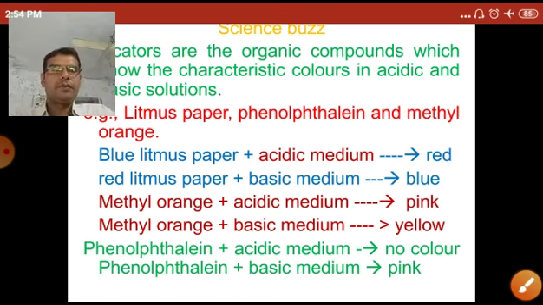So if you add phenolphthalein to a particular solution, and that solution changes into pink, it indicates that the given solution is basic. So indicators generally are organic compounds which show characteristic colors in acidic and basic medium.